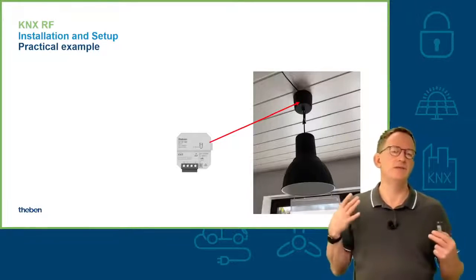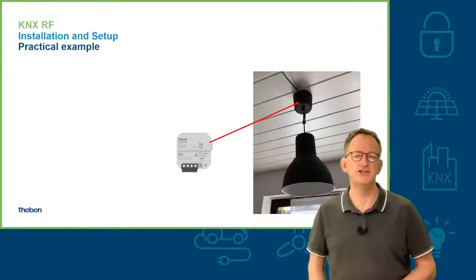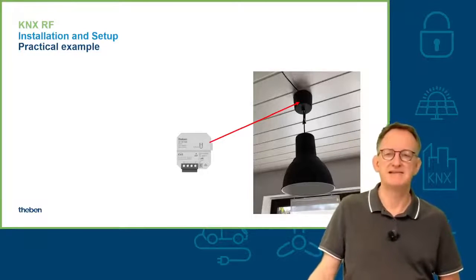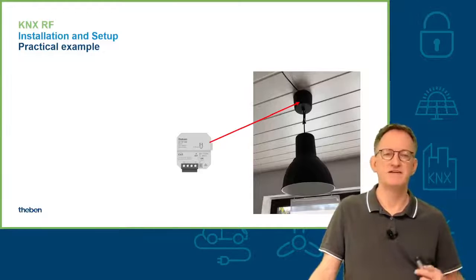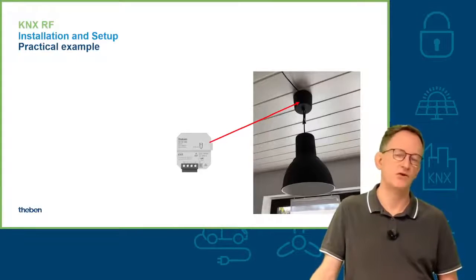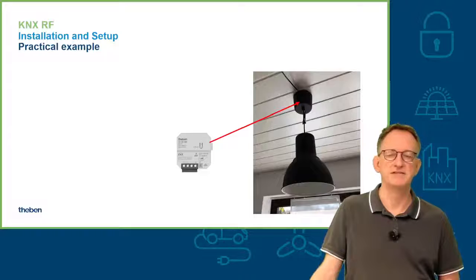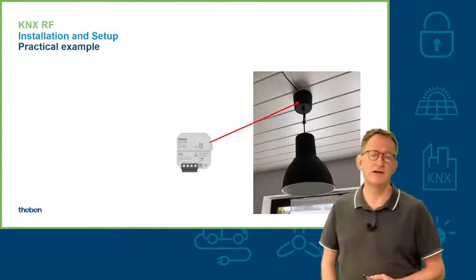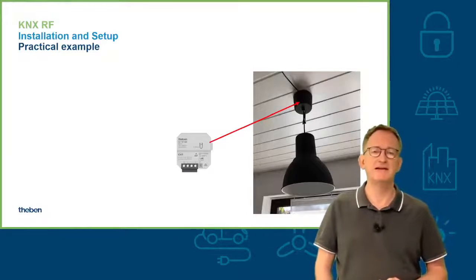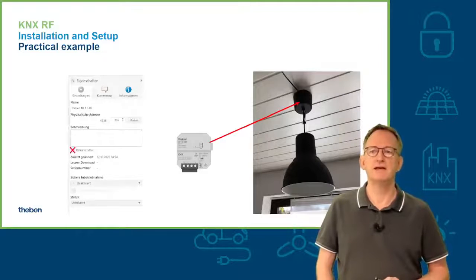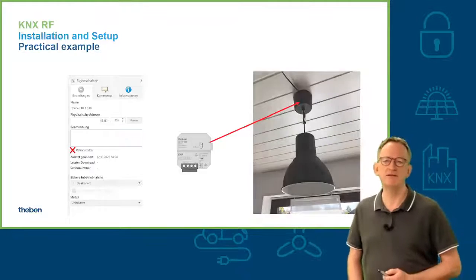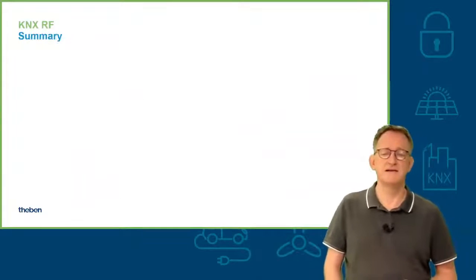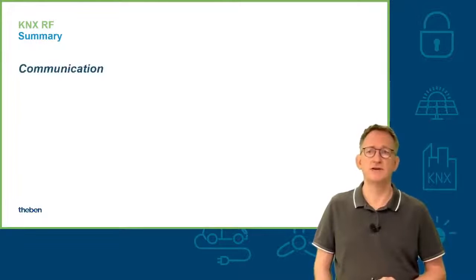And now you have a pretty good repeating position which can send telegrams to all of the devices in that room or in rooms next to it. So just think about where it's necessary, where you can have those kind of devices. You just need 230 volt. Then configure this device as a repeater, and you have a good solution for that situation.